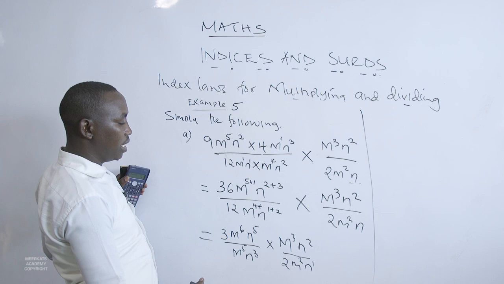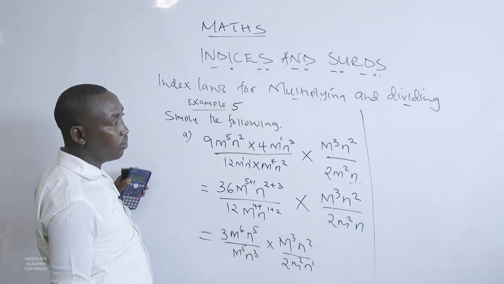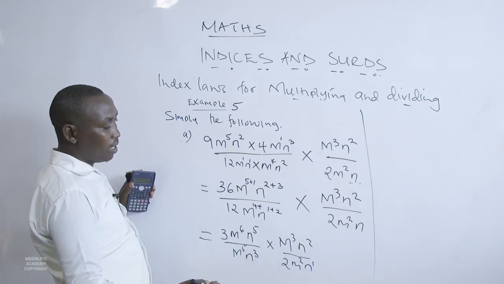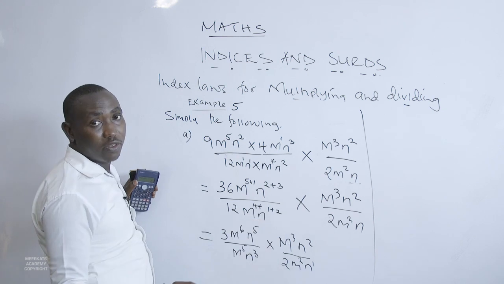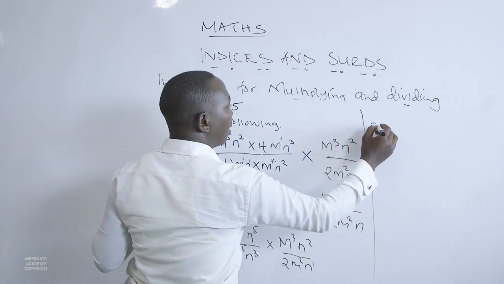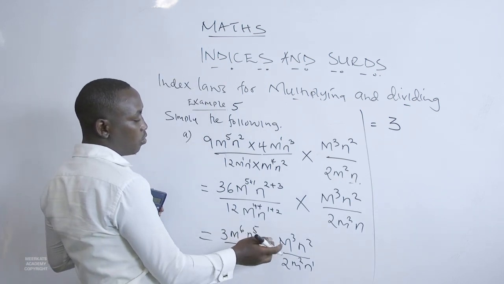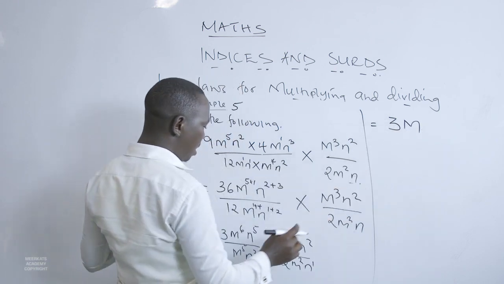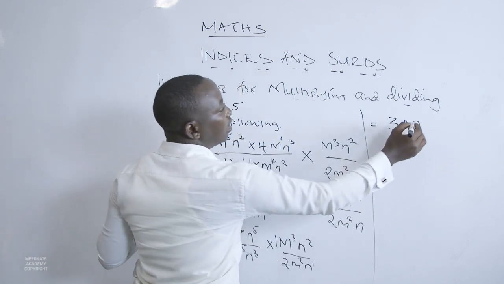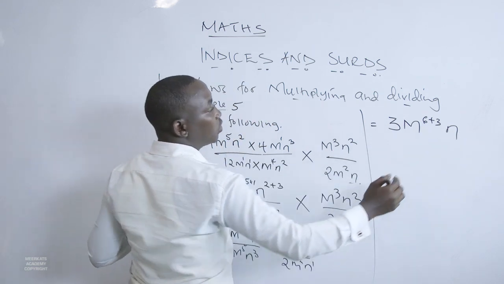So when we proceed, we can again multiply this through. When we multiply again the numerator, that means we add the powers of m and the powers of n. And this shall give us 3, because it is a constant, like 3 times 1. So that's just 3. Then m, 6 plus 3, n, 5 plus 2.